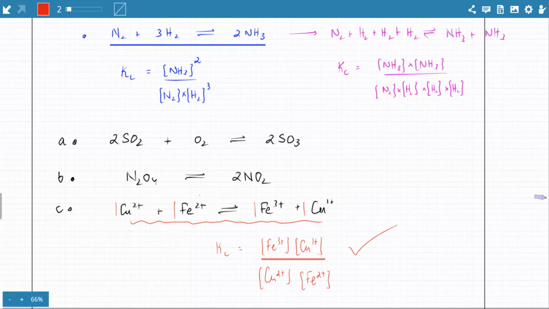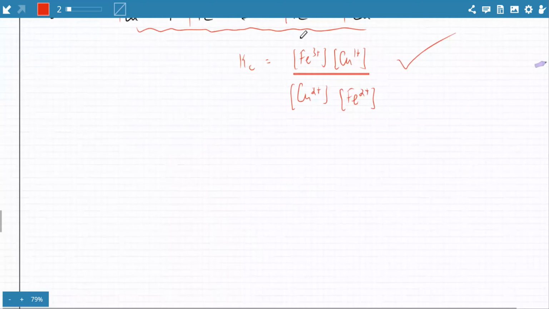Now the other thing about Kc is that you'll be asked to calculate the unit for Kc.